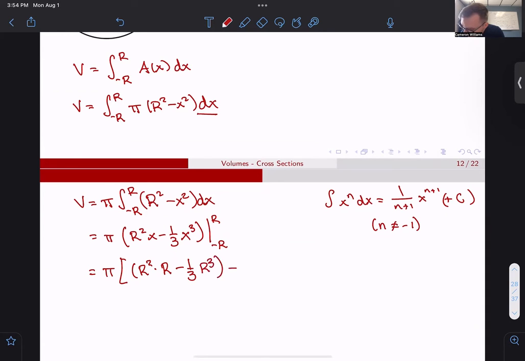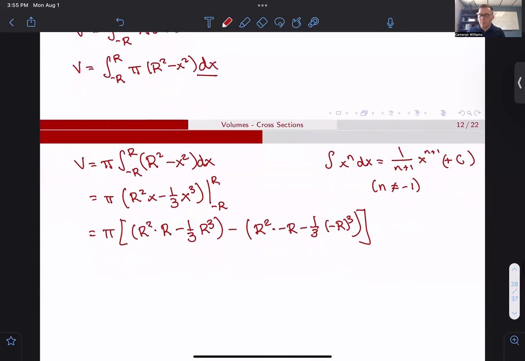cubed, minus r squared. But now, when we're evaluating at the left endpoint, the lower limit, it's times negative r, still minus 1/3 negative r cubed. And you want to be very careful when you're working with negatives with the fundamental theorem of calculus.